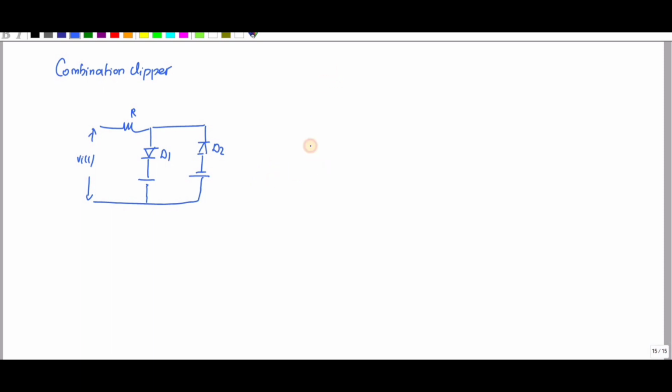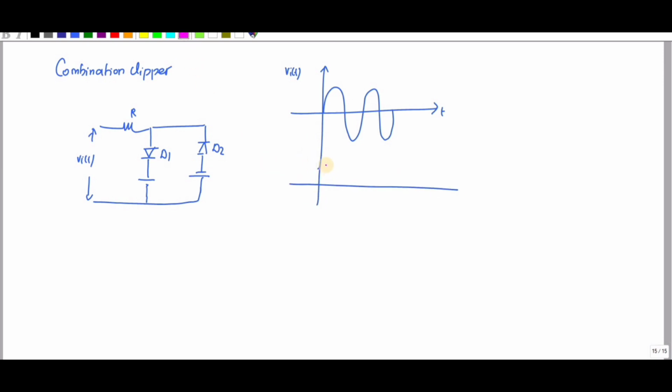So if the input is like this, since I have combined these two, I will get the output. Suppose this is VR and this is also VR, and this is 1 and this is -1. So we'll get the output like this, right? Since it is a combination of the first two.